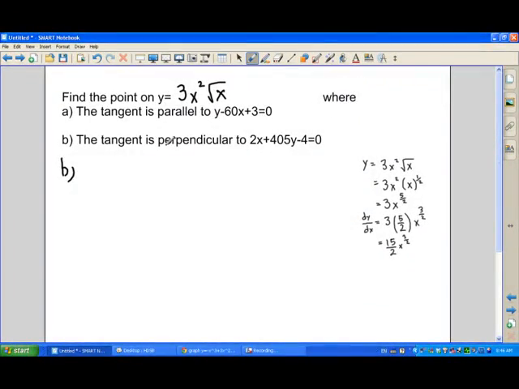In part B, we're finding the tangent that's perpendicular to that line. Perpendicular slopes, recall, are negative reciprocals.